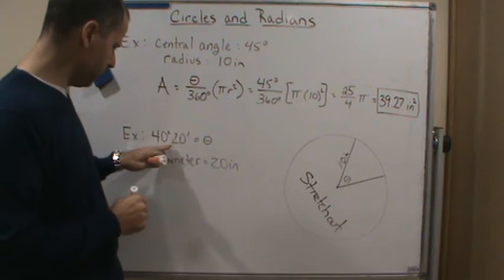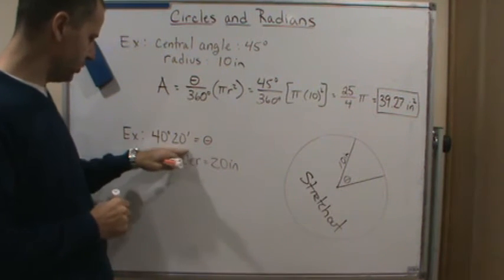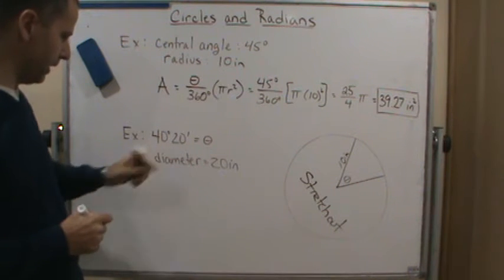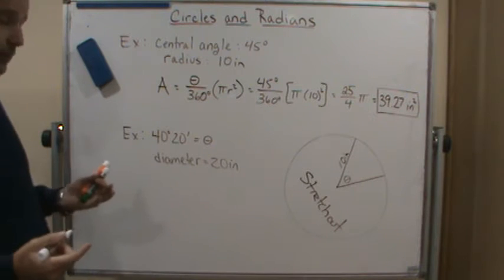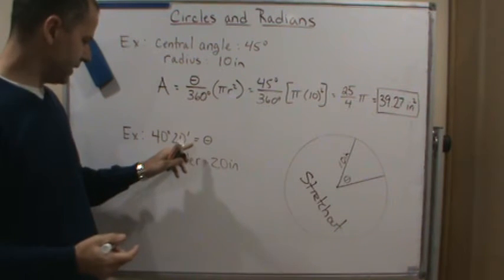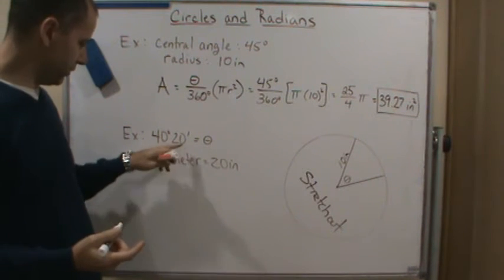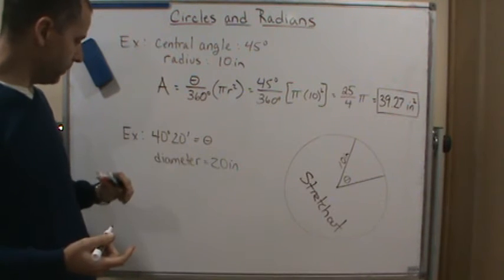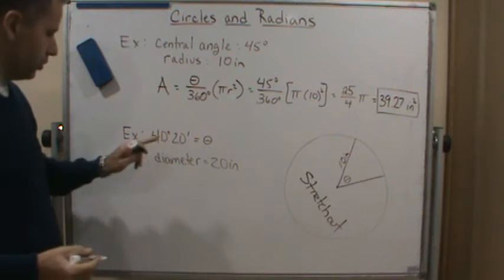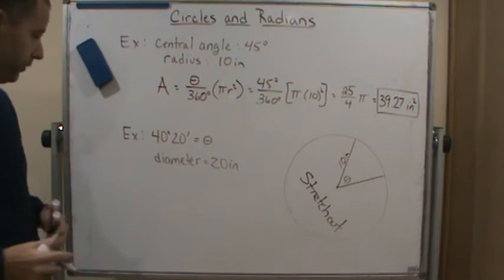The first thing I'm going to do is change this into degrees, since it's in degrees and minutes. Well, 20 minutes is basically 1/3 of a degree, because 60 minutes equals 1 degree, so 20 divided by 60 is 1/3.